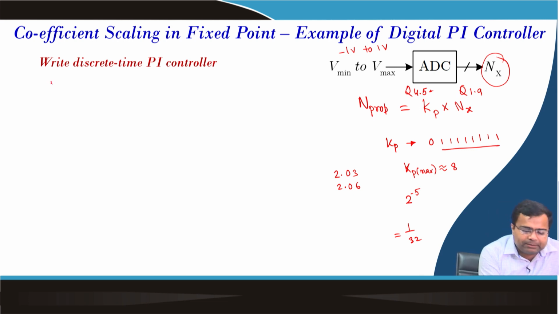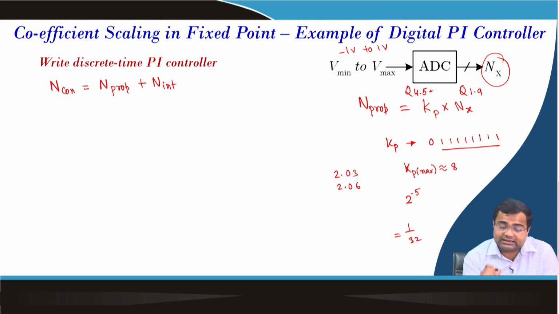Now, in the PID controller, the overall output will be N proportional plus N integral. The proportional part is clear, we got the proportional term. And what is the format of this after resizing?